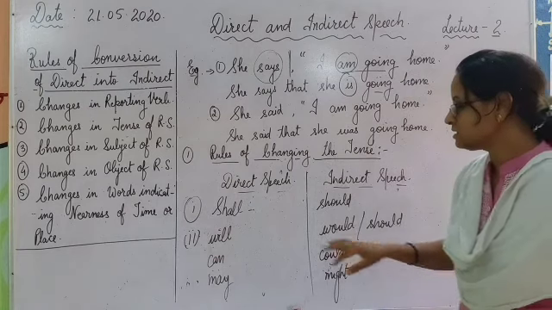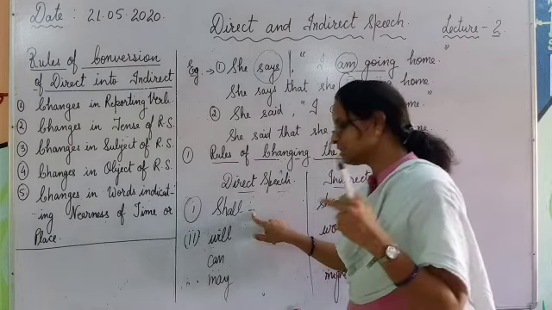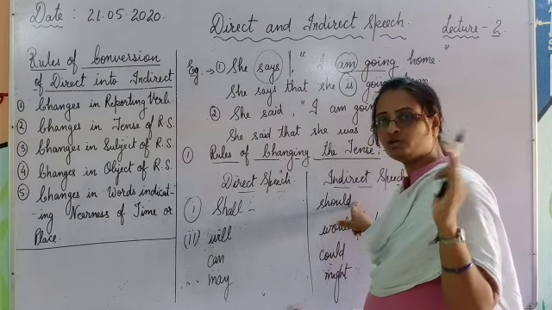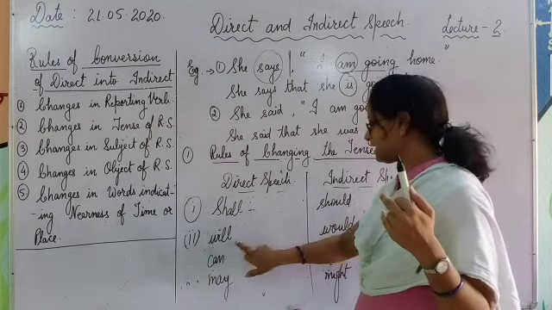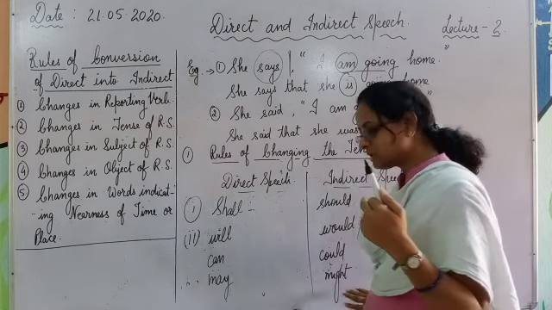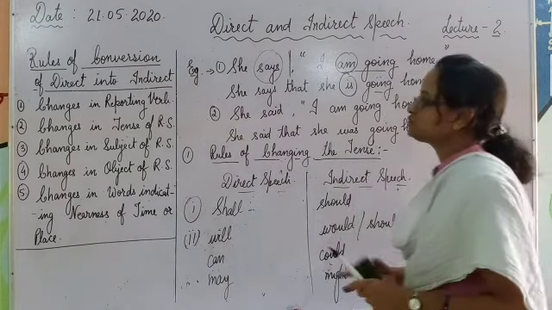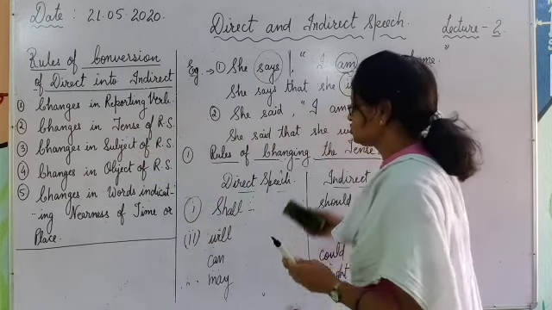Only shall will change into should, will change into would or should, can into could, may into might, and this way we will proceed further. So here ends the changes in the tense of reported speech.